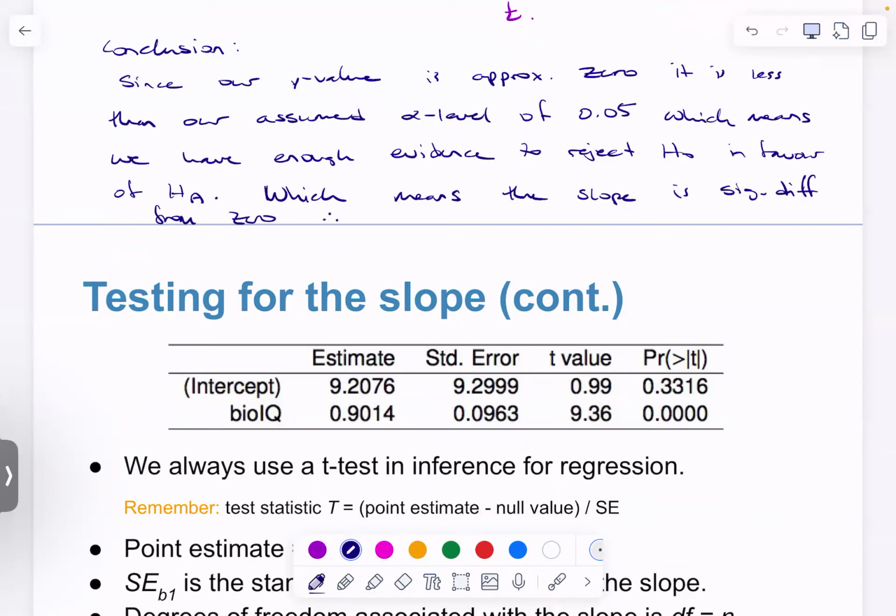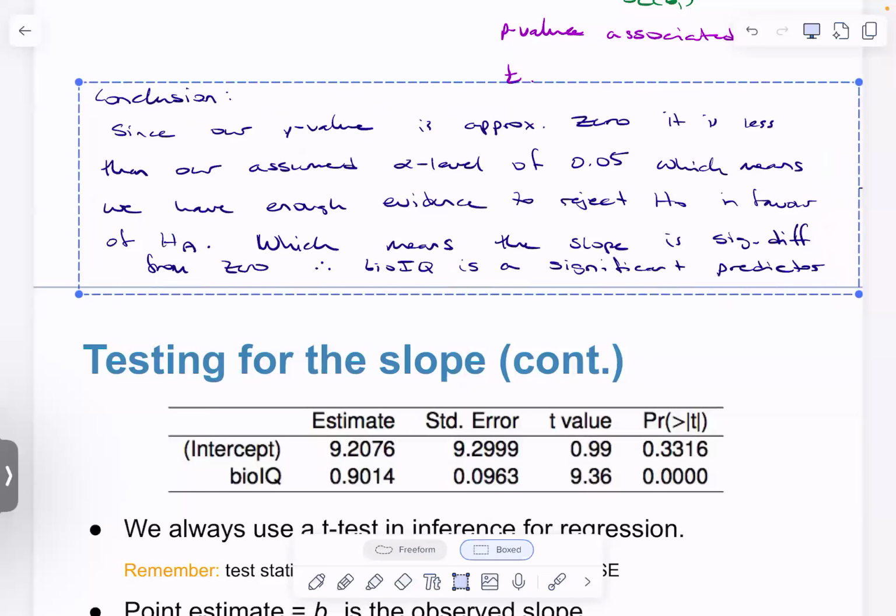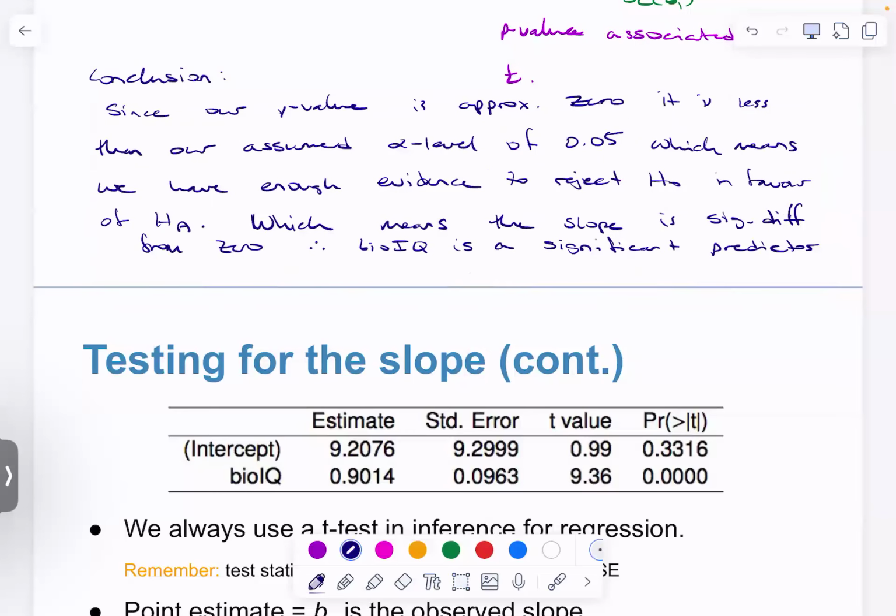which in turn means that bio IQ is a significant predictor of Foster IQ. Therefore, bio IQ is a significant predictor of Foster IQ.